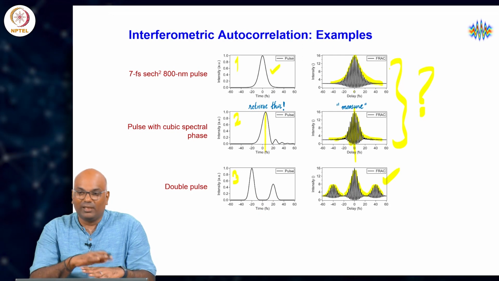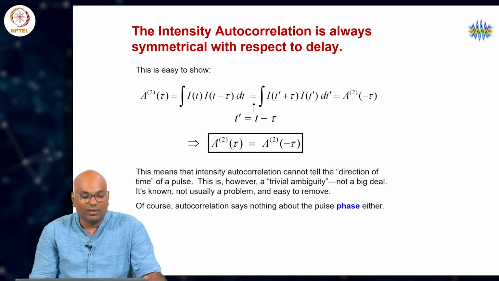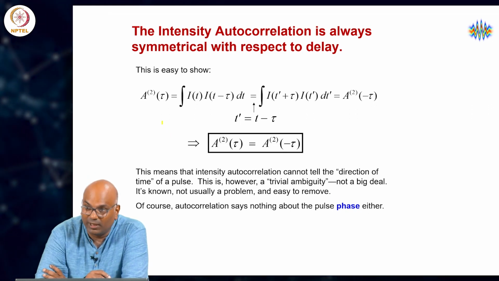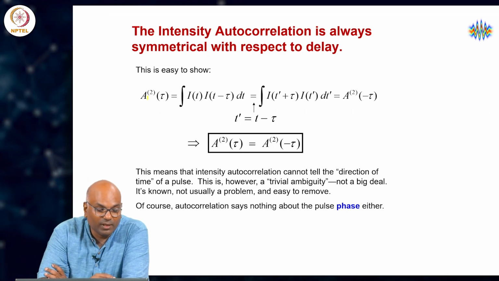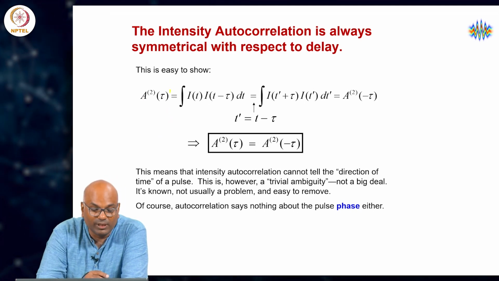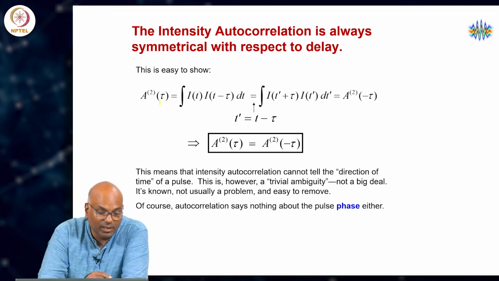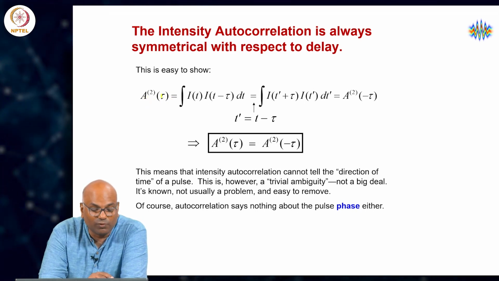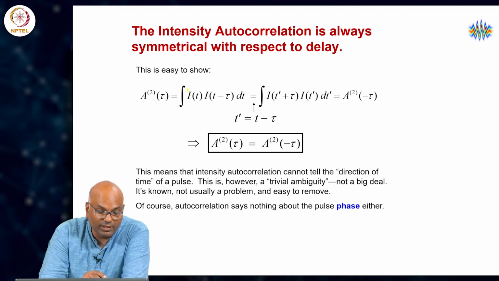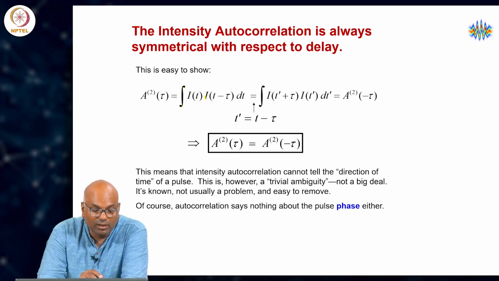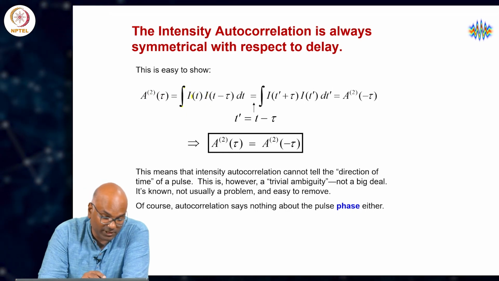It basically ambiguates this, in the sense that we can mathematically show, and it is very easy now to show, that the intensity autocorrelation is always going to be symmetric with respect to the delay, because take A2 of tau, per definition it is the autocorrelation of I of t with itself.